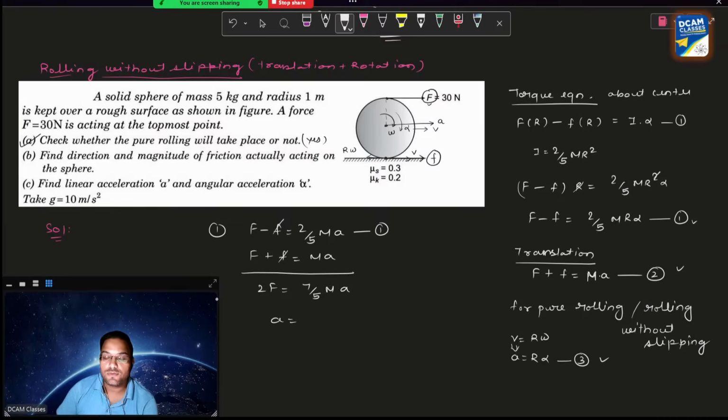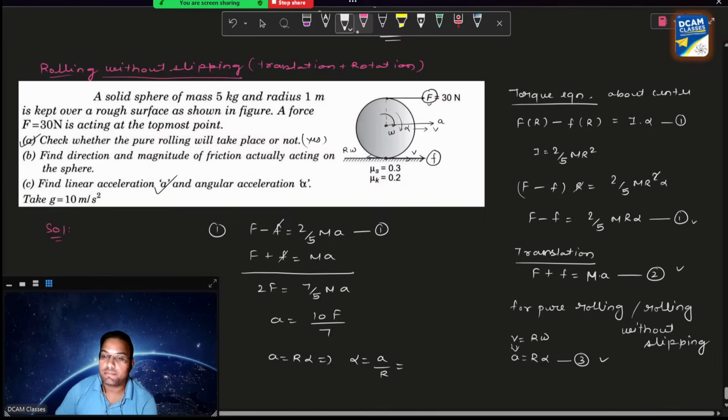So a is equal to 10F by 7m. Acceleration we have found. Angular acceleration we can find now because a is equal to r alpha. So alpha is equal to a by r, that means 10F by 7 m r. This is the second answer. This we have found, angular acceleration.